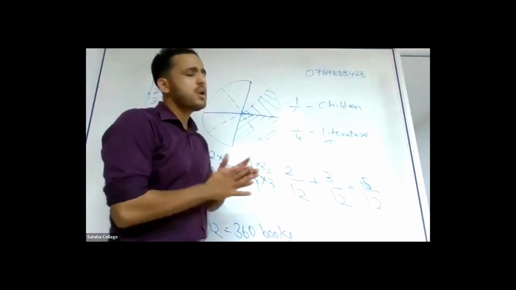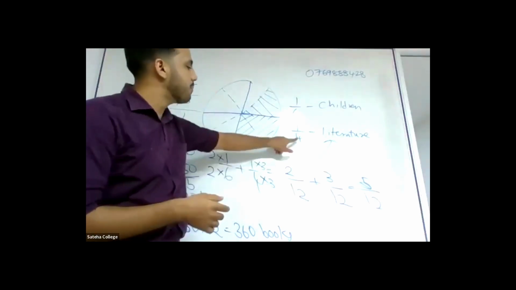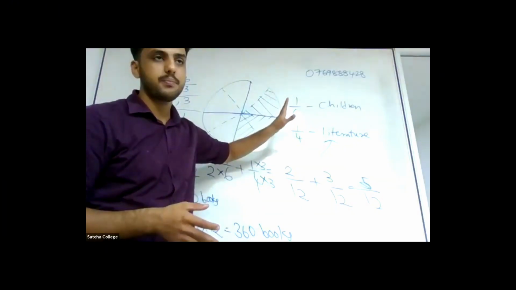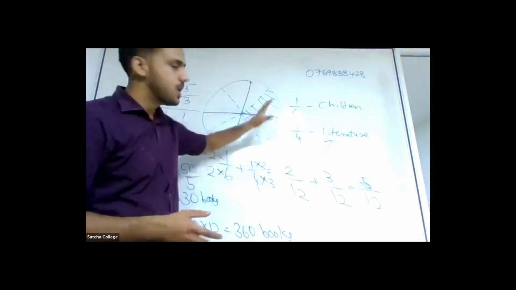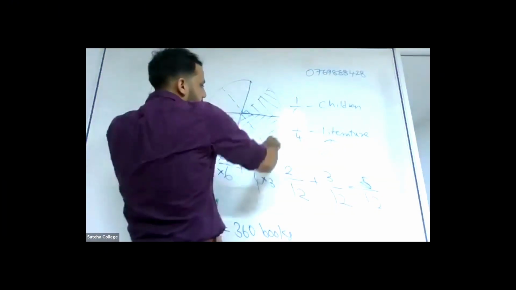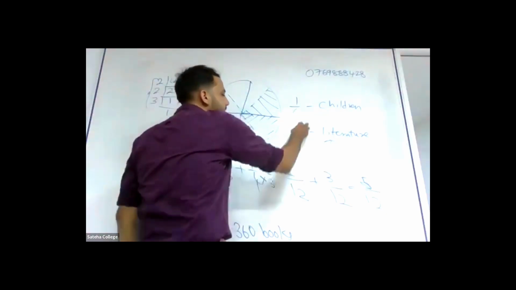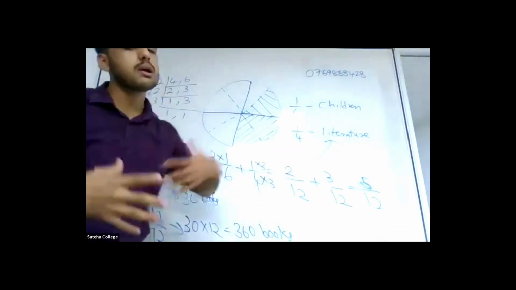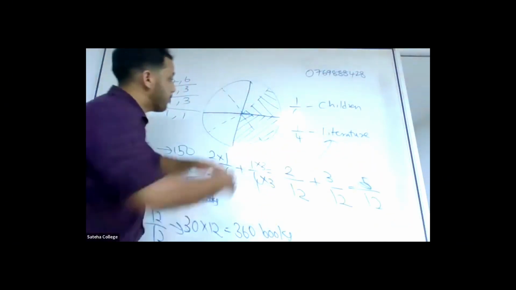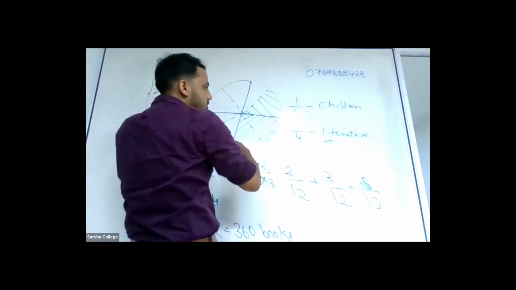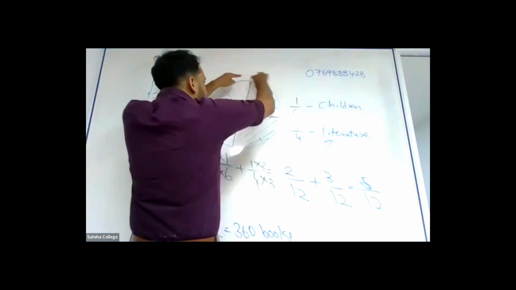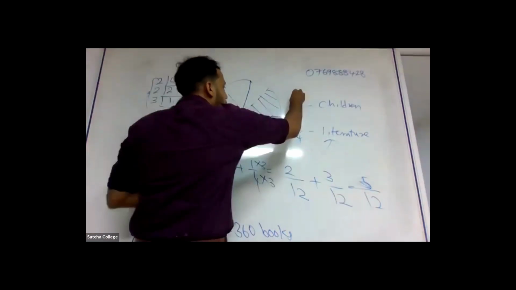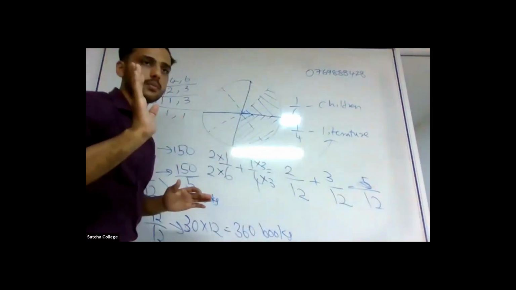Now, always you can't represent with the same denominator. You understood? Of the total number of parts, you can't always have the same denominator for you to compare easily. Now, from the total number of books, if you divide the total number of books into 6 parts, one part is children.